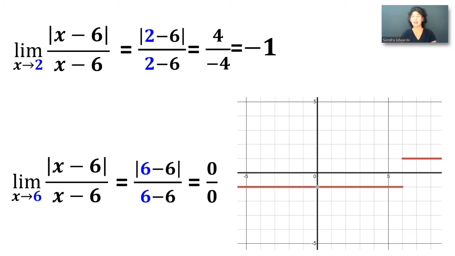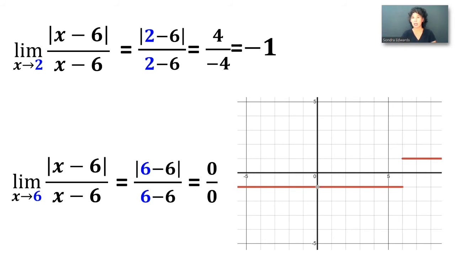It doesn't guarantee that the limit exists or that it doesn't exist. We would want to factor, cancel, resubstitute. But you cannot cancel the absolute value of x minus 6 with plain x minus 6. So since you cannot cancel that, you have to know your functions.